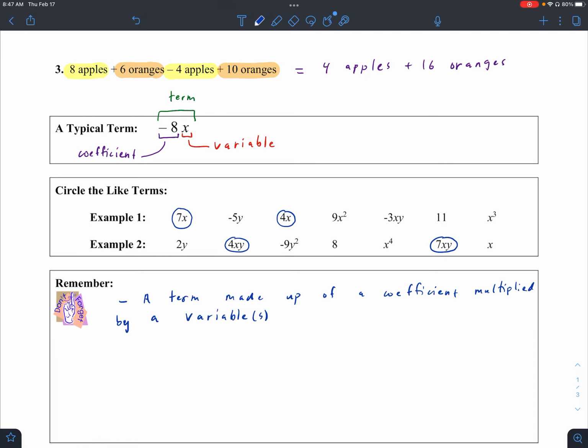There could be more than one, like x and y, for example. So that's a term. Like terms can be collected, meaning added or subtracted.